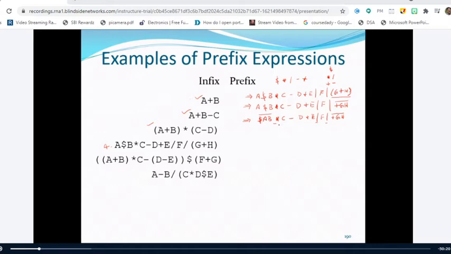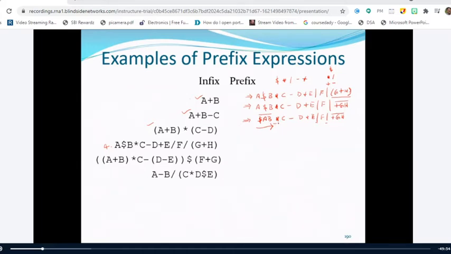According to the associativity, star and division are left associative. Therefore, you start scanning the given expression from the left hand side, and whichever operator comes first should be evaluated. When I scan from the left, I encounter this star, so that has to be solved first.